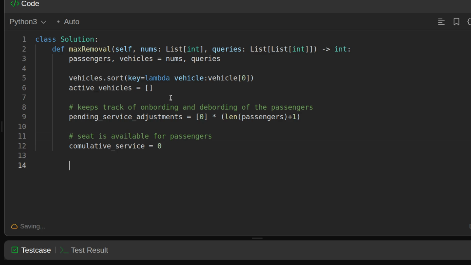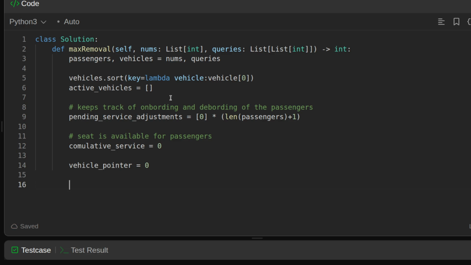Next is vehicle pointer, initially at 0. Now I need to enumerate our passengers, right?